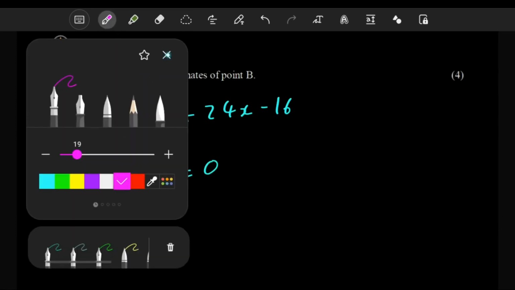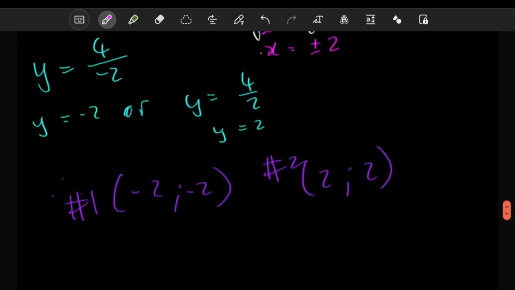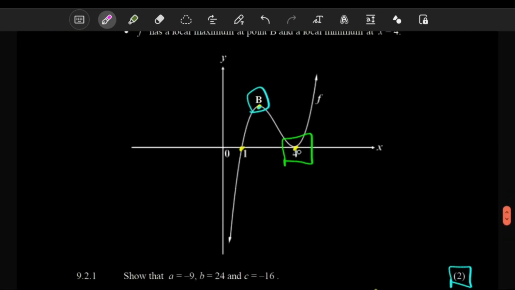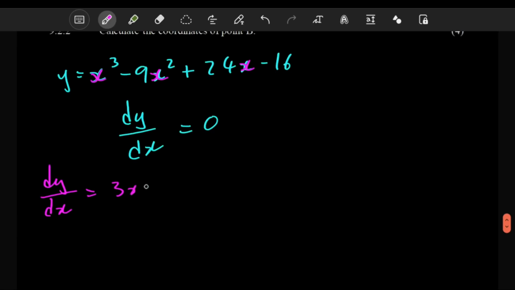That's how you get the x values of the turning points. And then those x values, you come back and throw them into the function. So in our case, we're going to get 2 x values. One is going to be 4. The other one is going to be the one for B. So let's do it. dy over dx here is just 3x squared minus 18x plus 24.